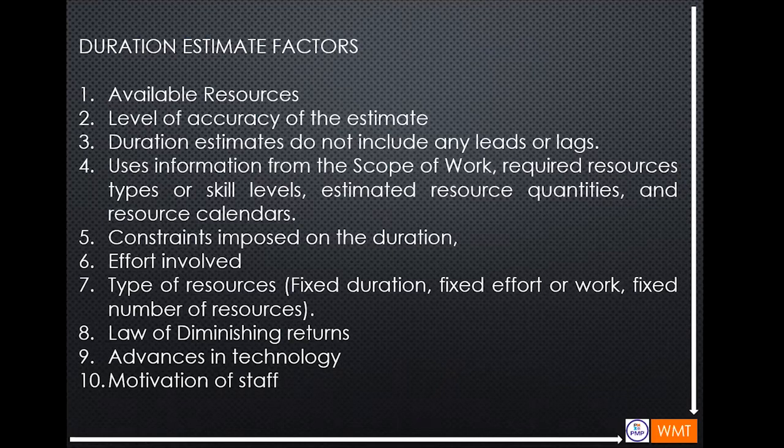It uses information from the scope of work, required resource types or skill levels, estimated resource quantities, and resource calendars. Constraints imposed on the duration, effort involved, and type of resources, like fixed duration, fixed effort or work, or fixed number of resources. And then number 8, law of diminishing returns.